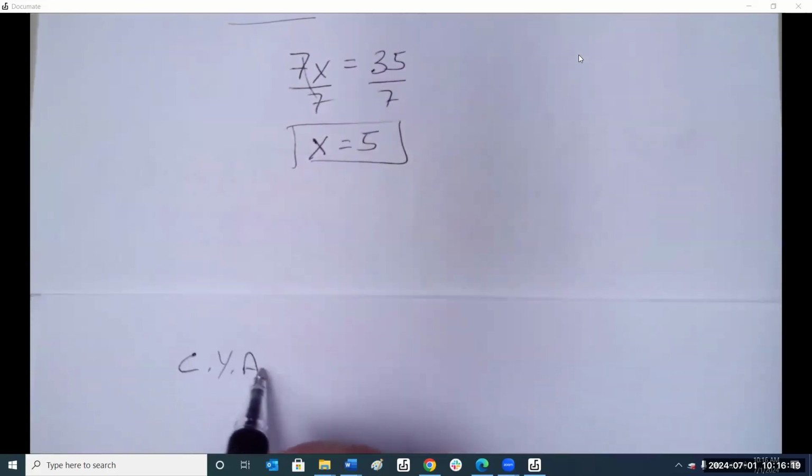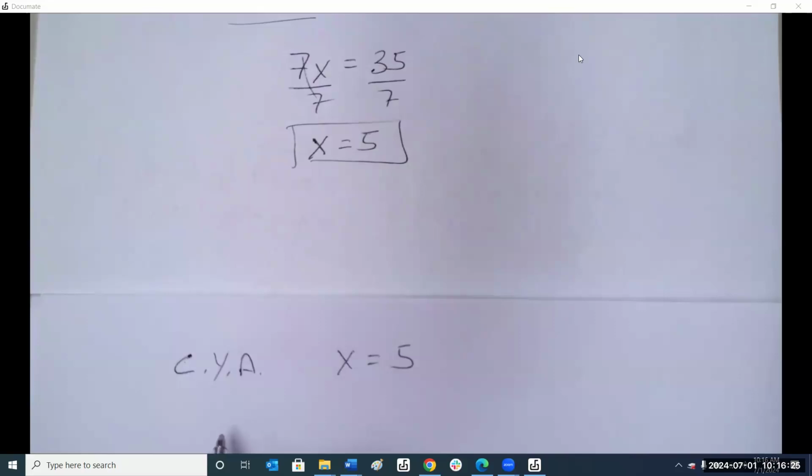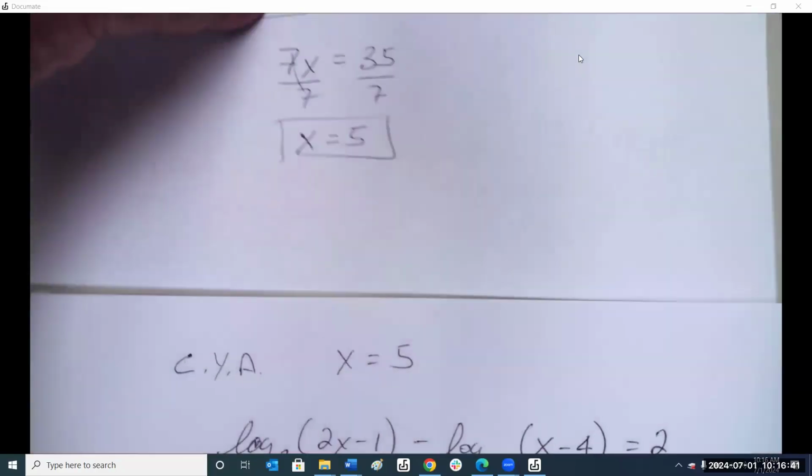Check your answer for x equals 5. We had the original equation, log base 3 of 2x minus 1 minus log base 3 of x minus 4 equals 2.